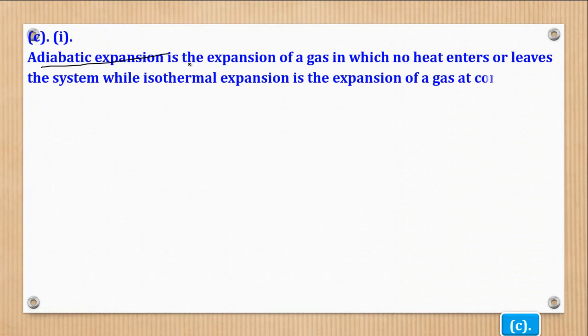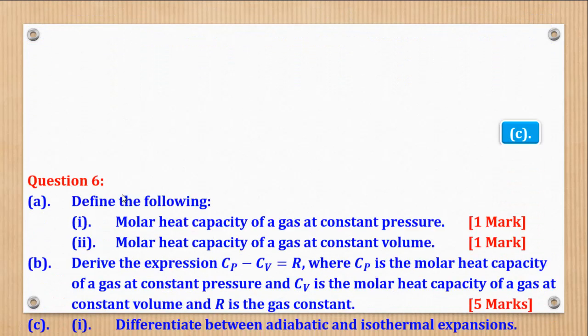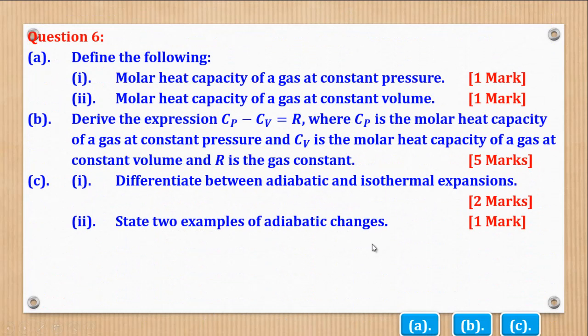Adiabatic expansion is the expansion of a gas in which no heat enters or leaves the system, while isothermal expansion is the expansion of a gas at constant temperature. Then Roman 2, state 2 examples of adiabatic changes.